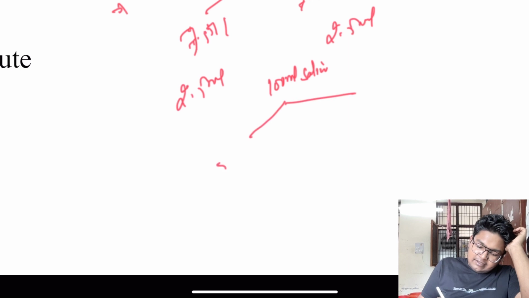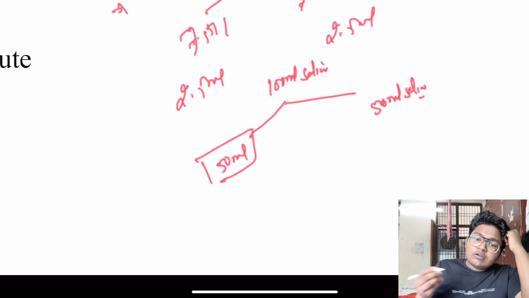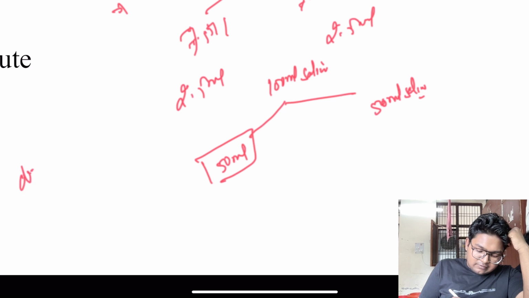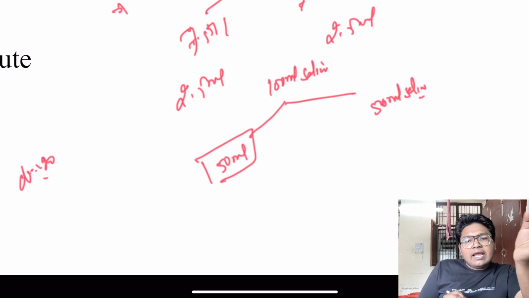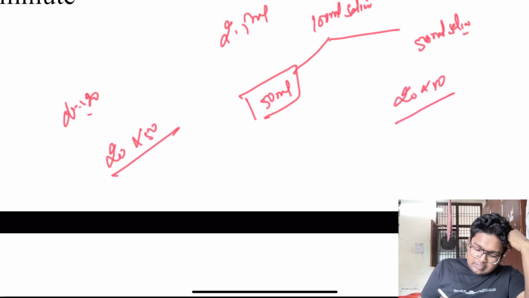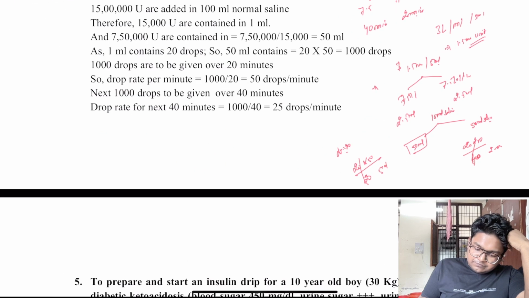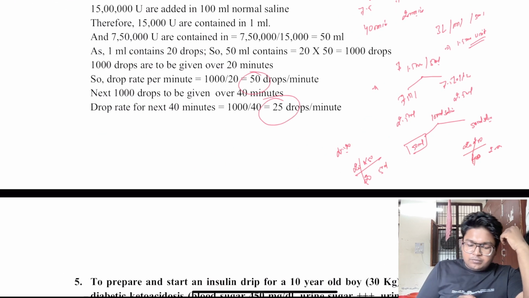So I can say that 50 ml saline is this, 50 ml saline is this. We have 50 ml total volume, we have drip factor 20, and we have time also. 20 into 50 upon 20 minutes, and 20 into 50 upon 40 minutes. It will be 50 drops per minute, and 25 drops per minute.